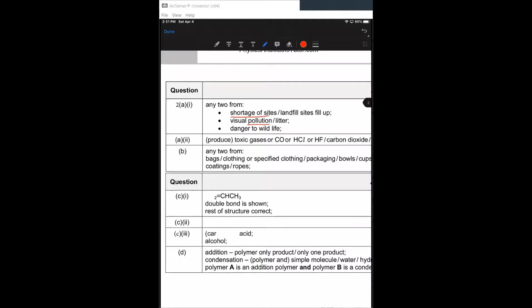Or you can say it leads to visual pollution, because when burned continuously, it produces smoke, which is considered a visual danger to wildlife. So any 2 from these 3 points will be fine.